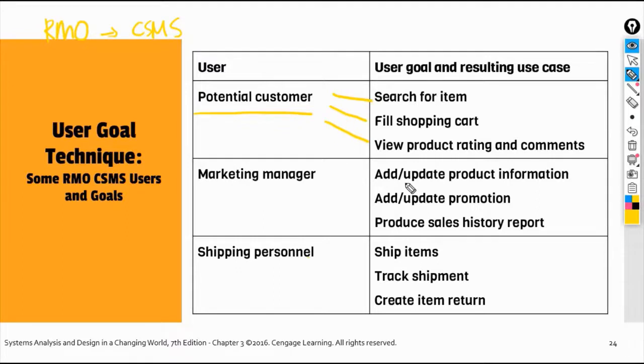These are good examples of elementary business processes. For example, fill shopping cart is a response to a business event that the customer wants to shop. So the event there is the customer wants to shop, and it leads to this use case, fill shopping cart. Take note that each EBP occurs in response to a business event.